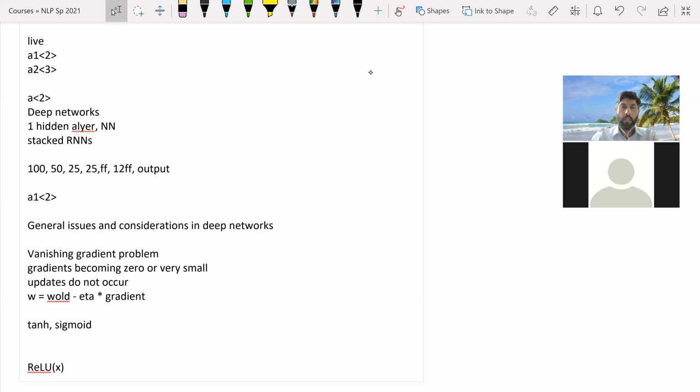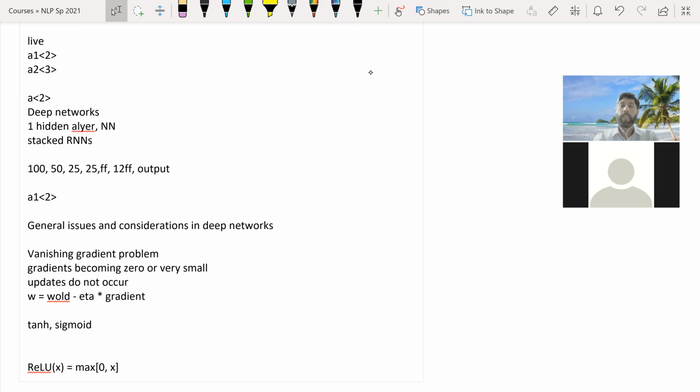ReLU of some input X is basically max of 0 and X. Okay? So in other words, if your input is 10, the output will be 10. But let's say your input is -10, it will output 0.